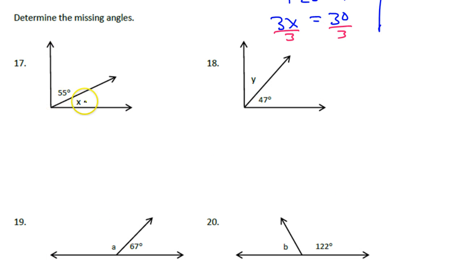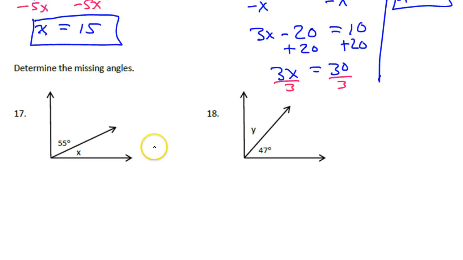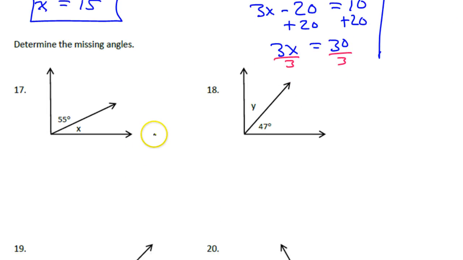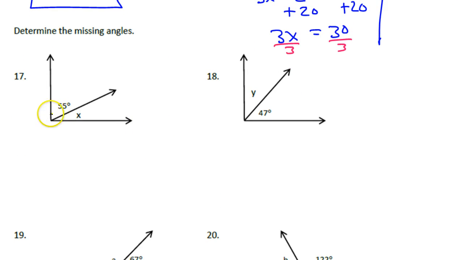Alright, for number 17 and 18, I feel like we're missing some information, some directions. There's no way to know what x is unless we assume that this is supposed to be a right angle. So maybe the directions should have said, determine the missing angles, you know, if this is a right angle. I don't know.